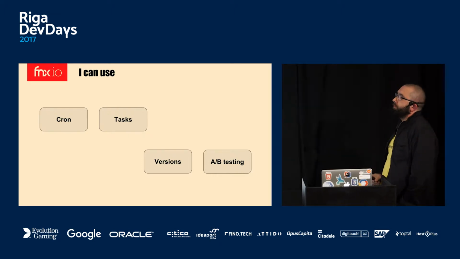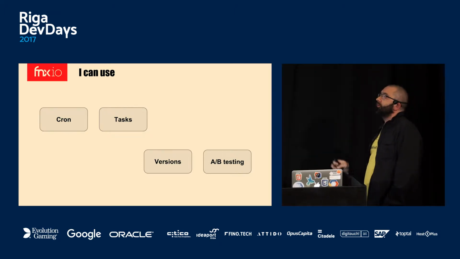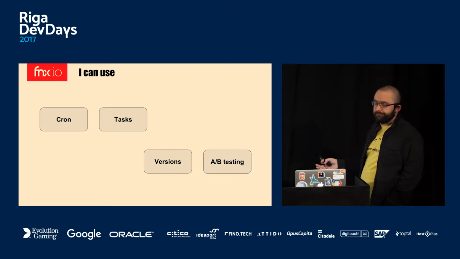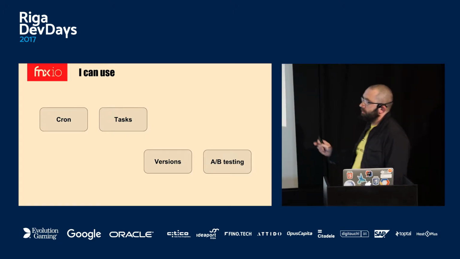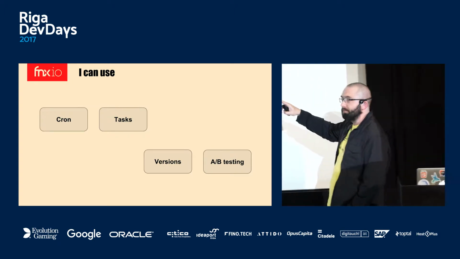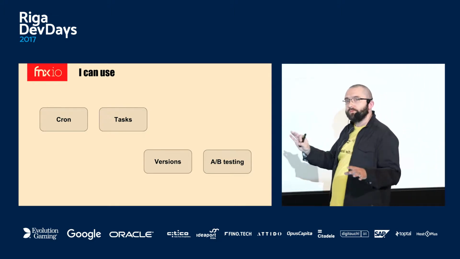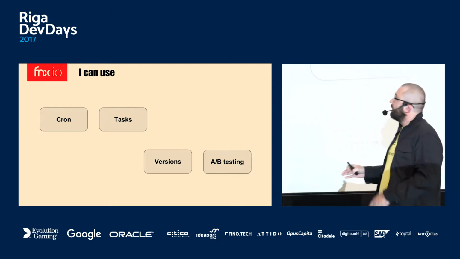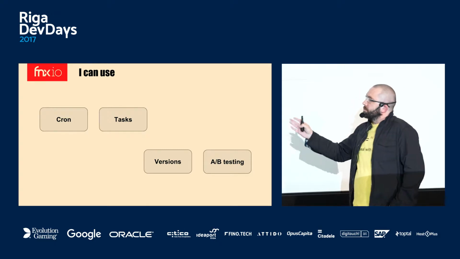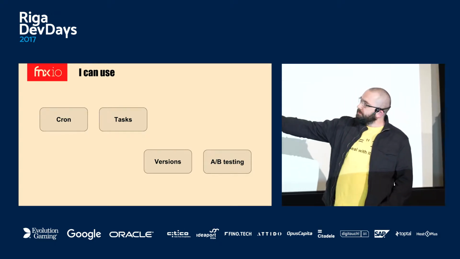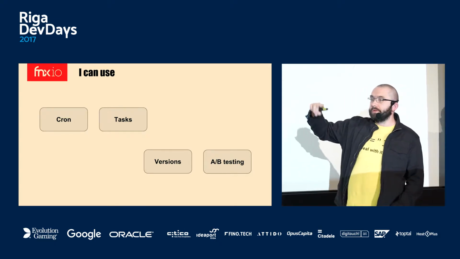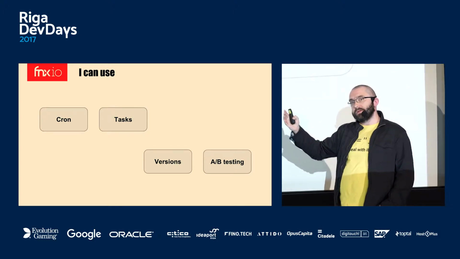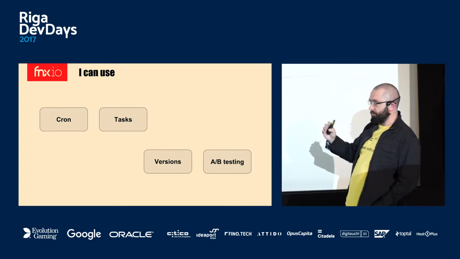And I can deploy my application to AppEngine in different versions. So I can either perform some A/B testing between two versions of my application, or I can slowly transfer traffic from one version to the other version. And if anything happens, I can easily go back to the previous version.